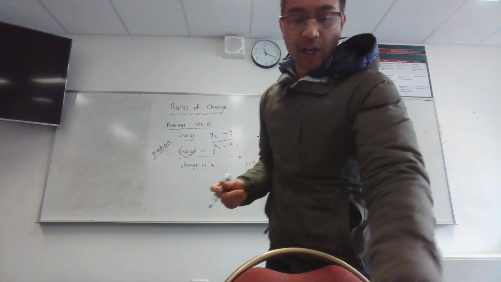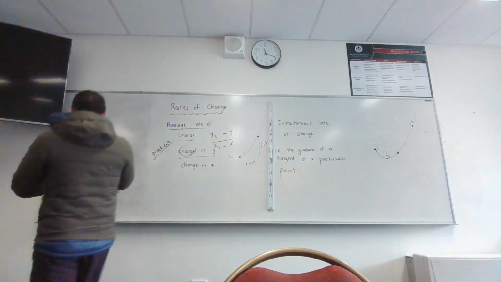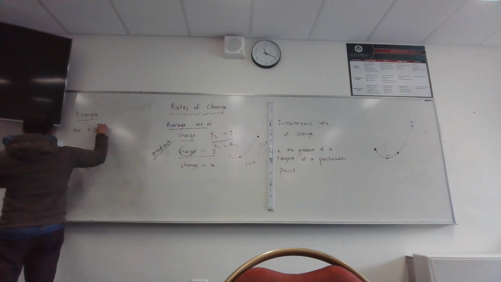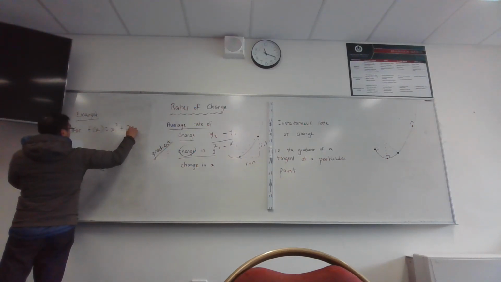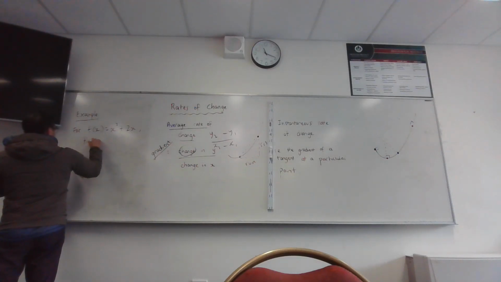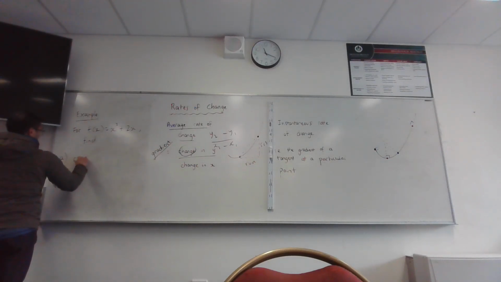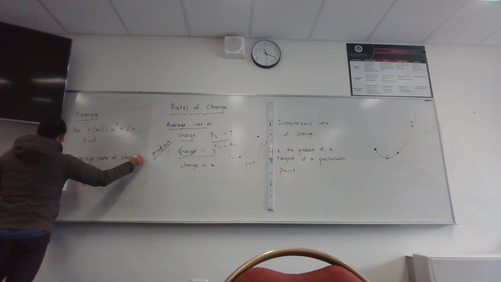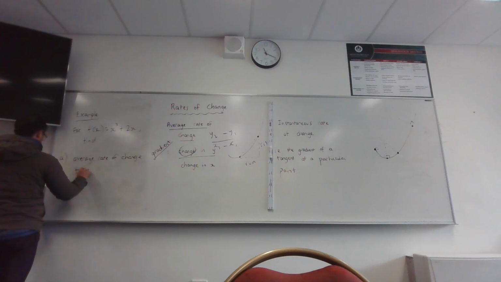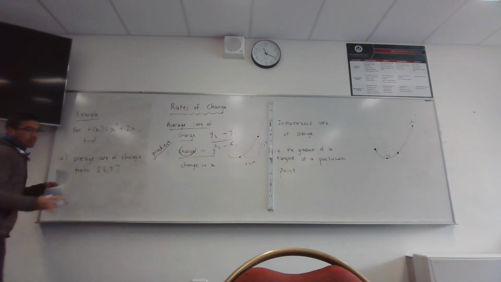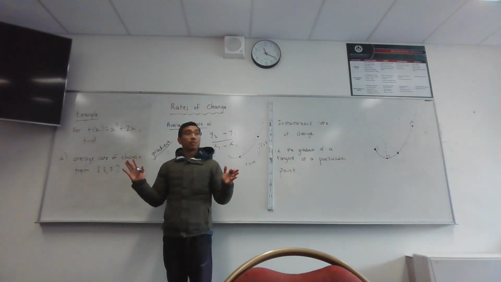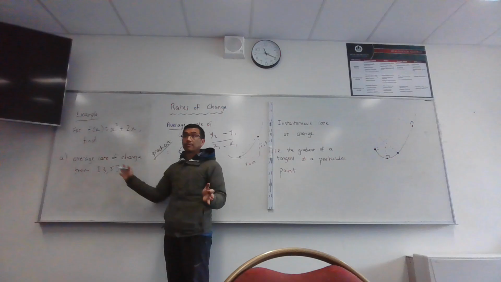Our question, equation today is this. Whenever you have an average rate of change, they will give you a boundary of x values from 3 to 5.